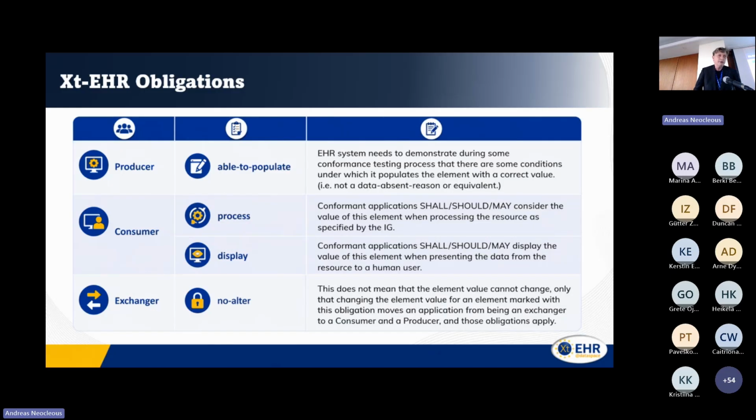And actually, if they change it, they are acting as the consumer or the producer. So another obligations then apply to them as well. So that's, for example, the case of NCP, which is transcoding and translating content. So in fact, it acts as a producer of the content and should be tested according to the producer obligations.